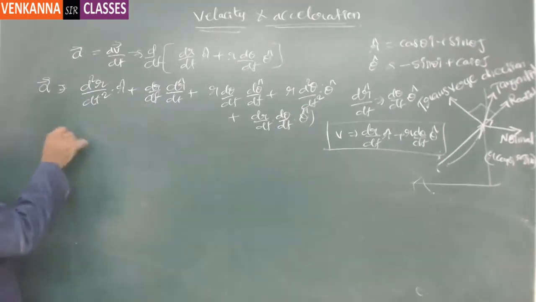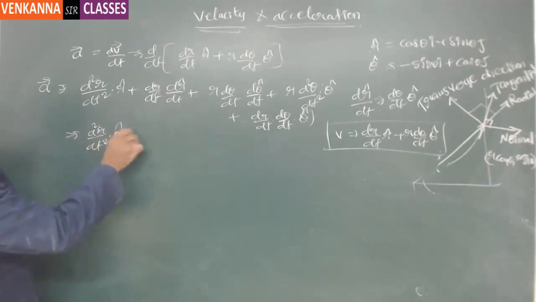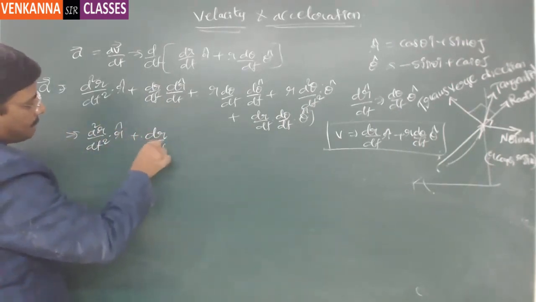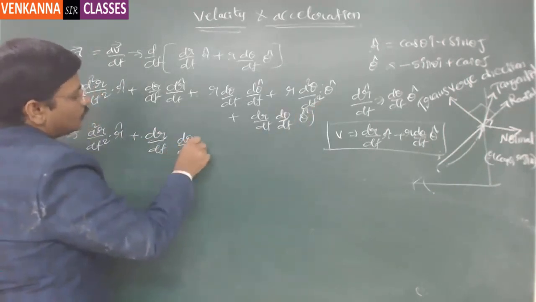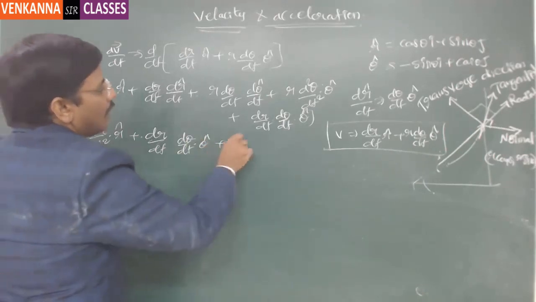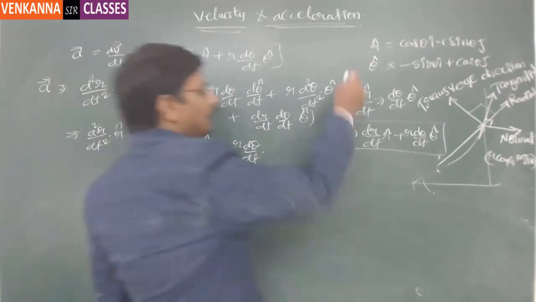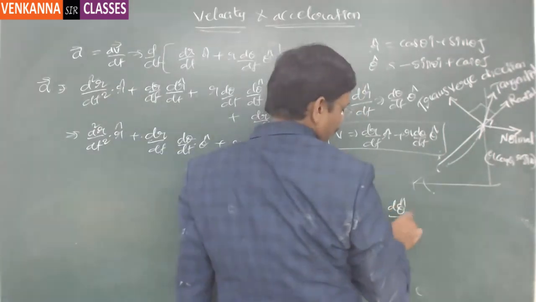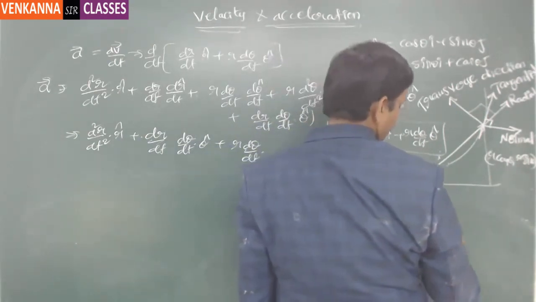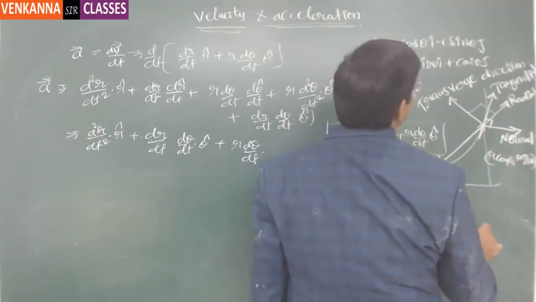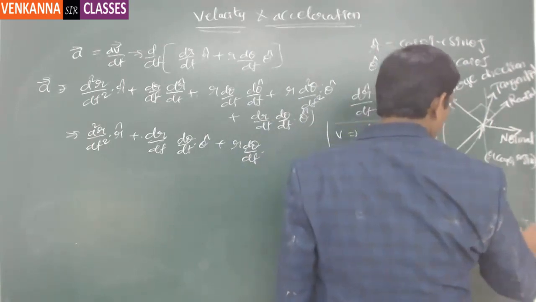So if you simplify this derivative further, d square r by dt square into r cap plus dr by dt into dr cap by dt, which is nothing but d theta by dt into theta cap, plus r d theta by dt into d theta cap by dt. If I take the derivative of this, d theta cap by dt is equal to derivative of sin theta is cos theta, so minus cos theta i, derivative of cos theta is minus sin theta, into j into d theta by dt.